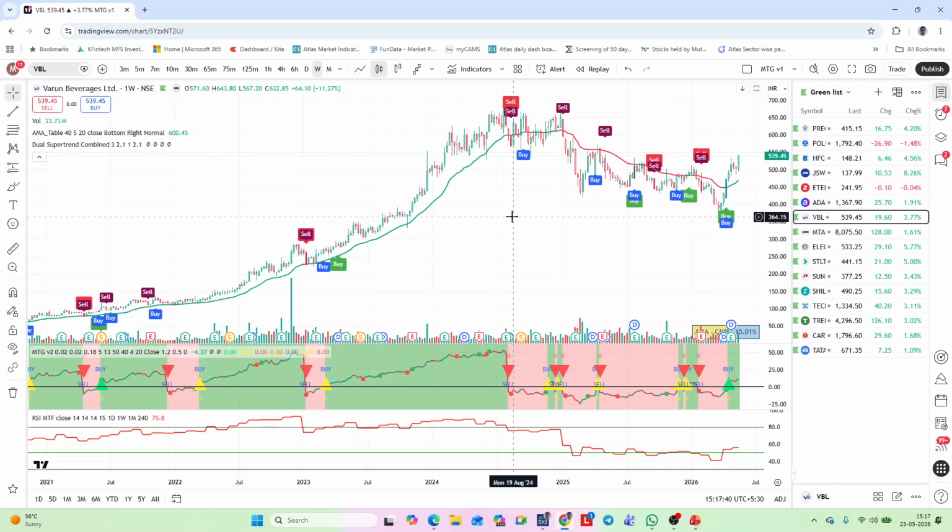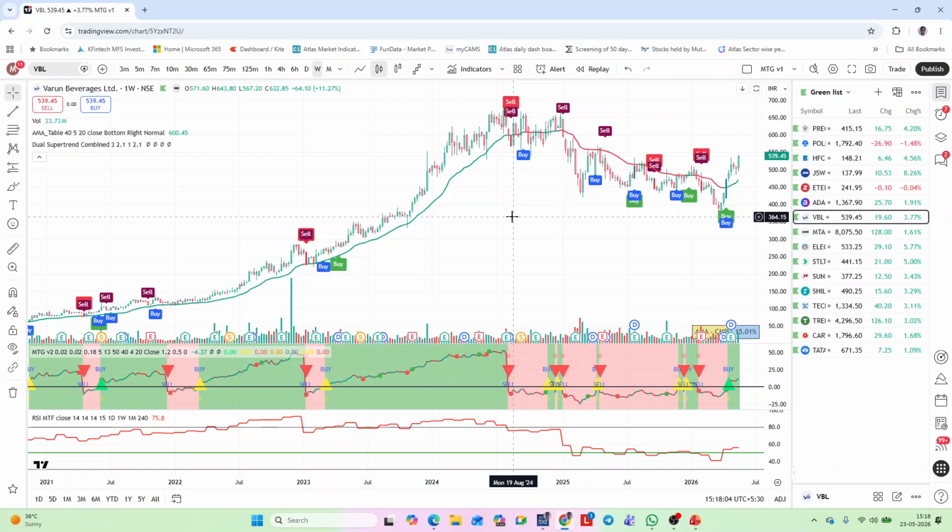But when it comes to our dual super trend setup, the RSI, which I said is a very important component of this setup, is used to study the cycle. In this, we don't use four cycles, we use only two cycles. Cycle one when the stock is in uptrend, and cycle two when the stock is in downtrend.